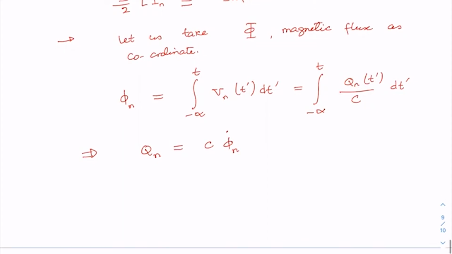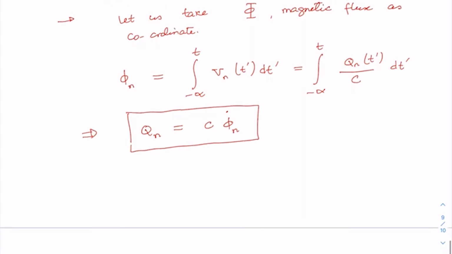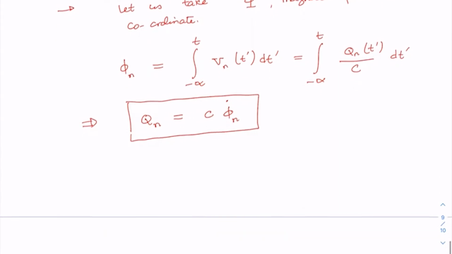So given the flux phi n at node n, we need to take simply the time derivative of the flux, then we will be able to know the charge.